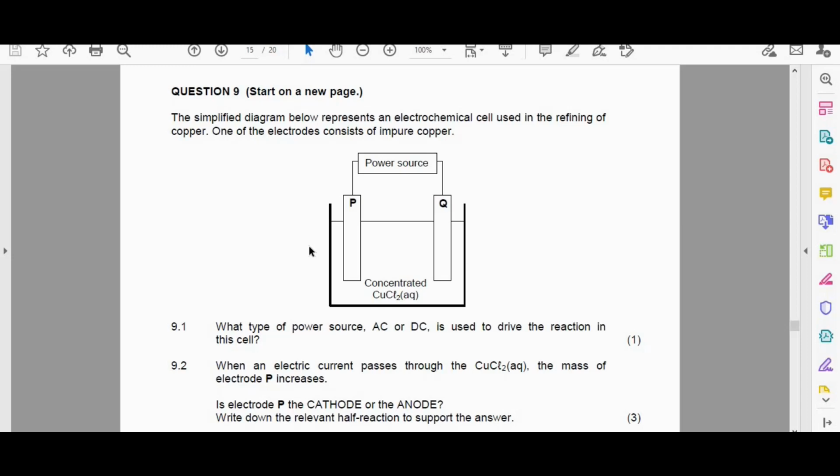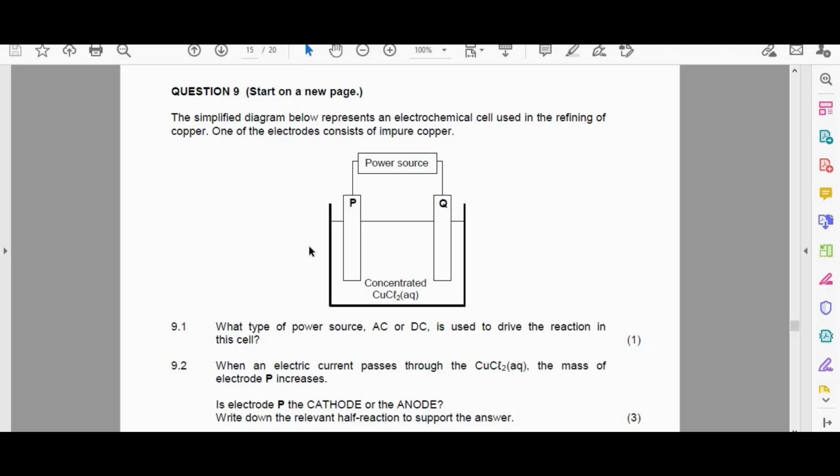The electrons still flow from anode to cathode in the external circuit, and ions migrate and conduct electricity through the electrolyte. So anions go to the anode, and cations go to the cathode. Cations are your positive ions, and anions are your negative ions.